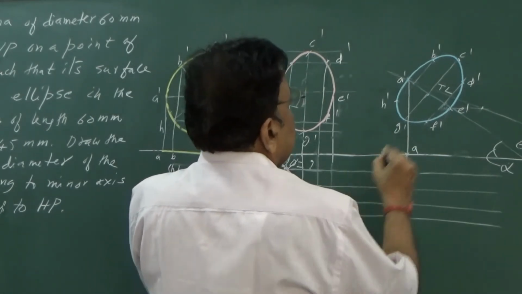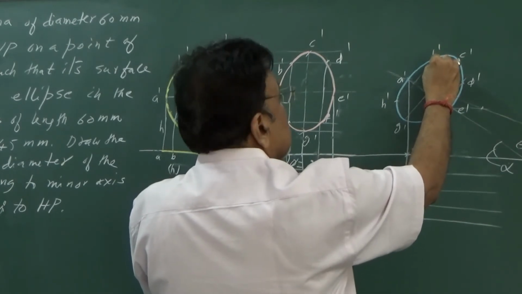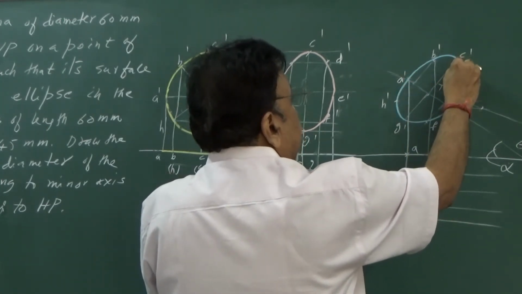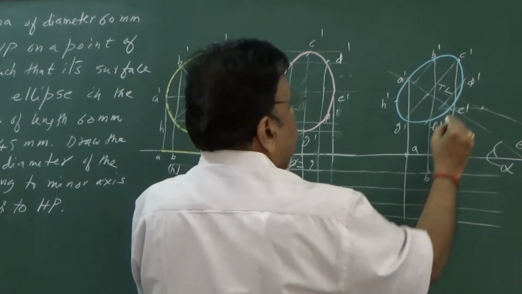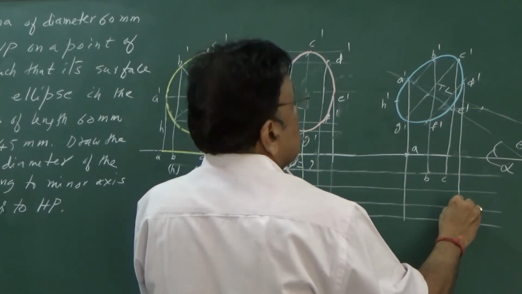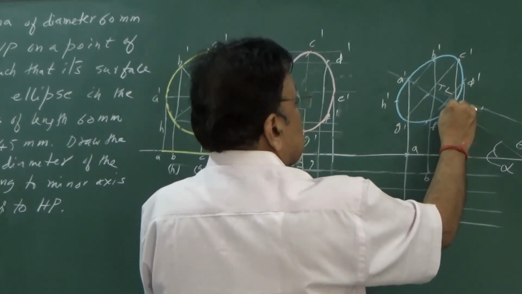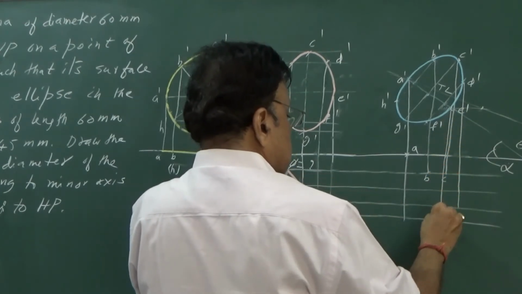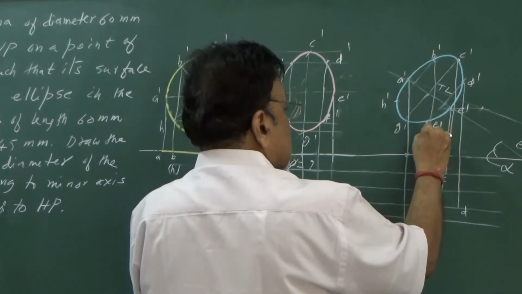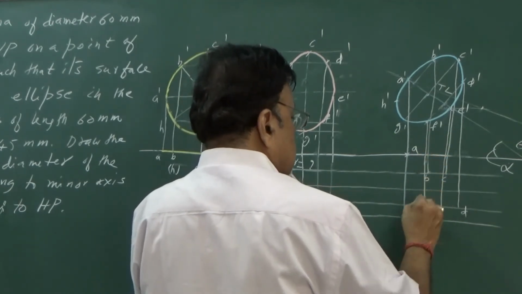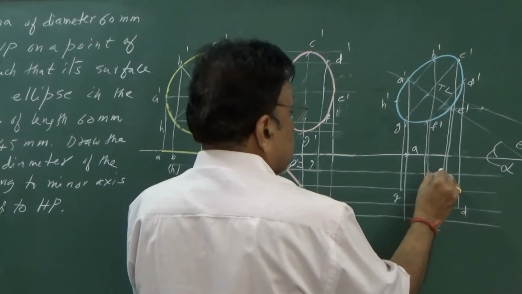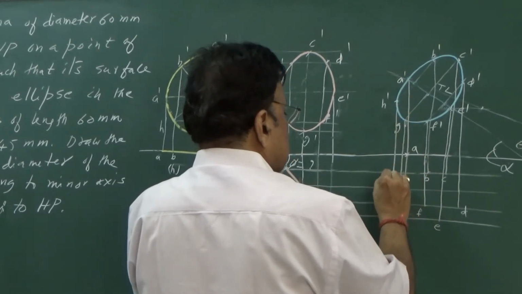Let us say this is A, then I will draw it for B. Then C, D, then F, G, H.